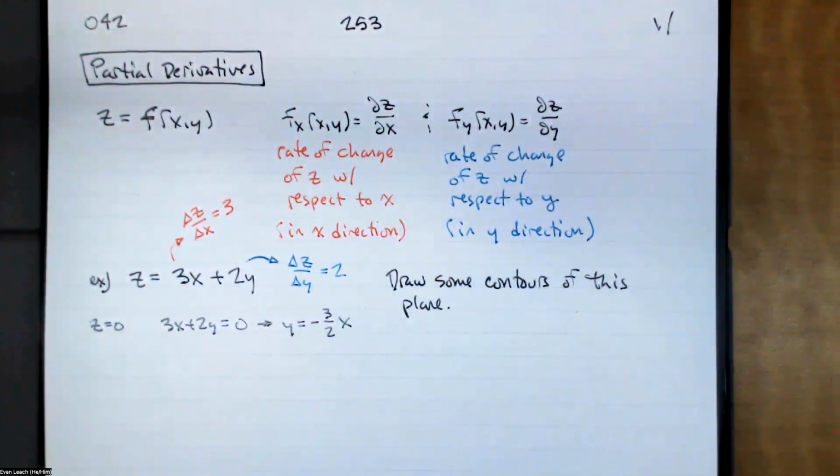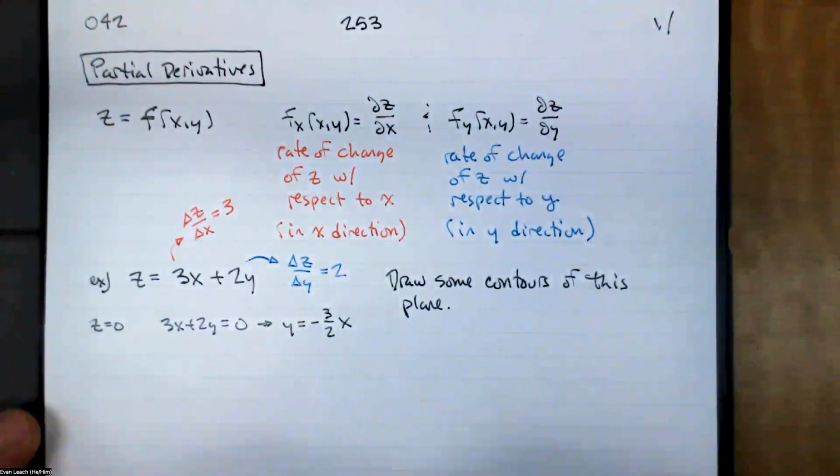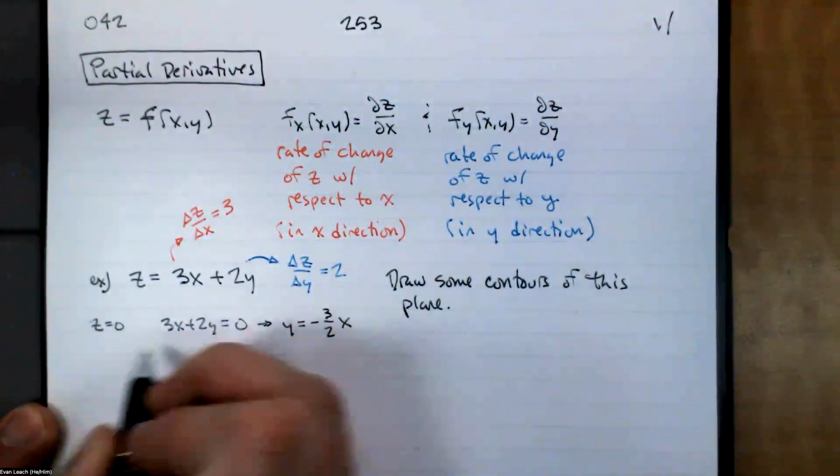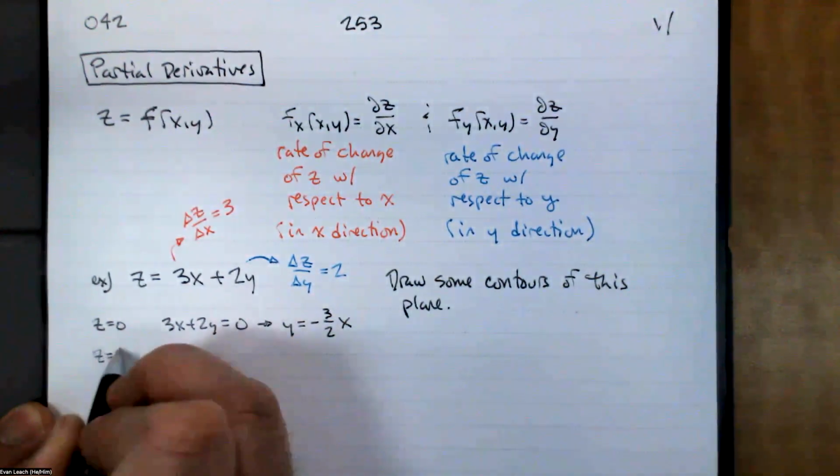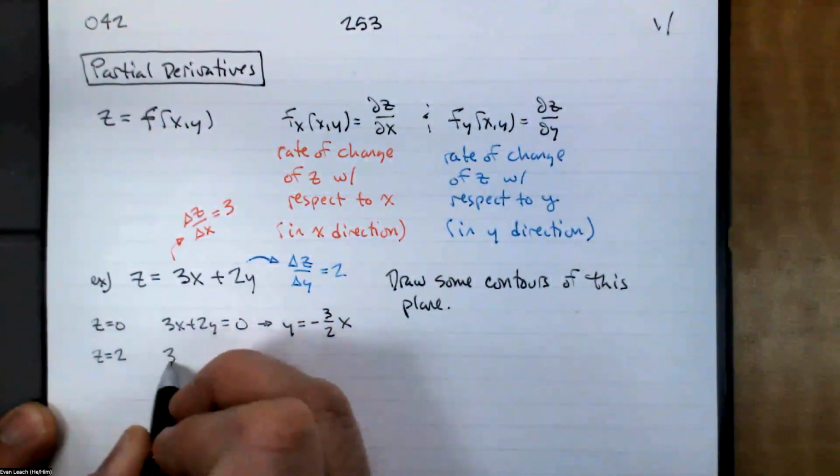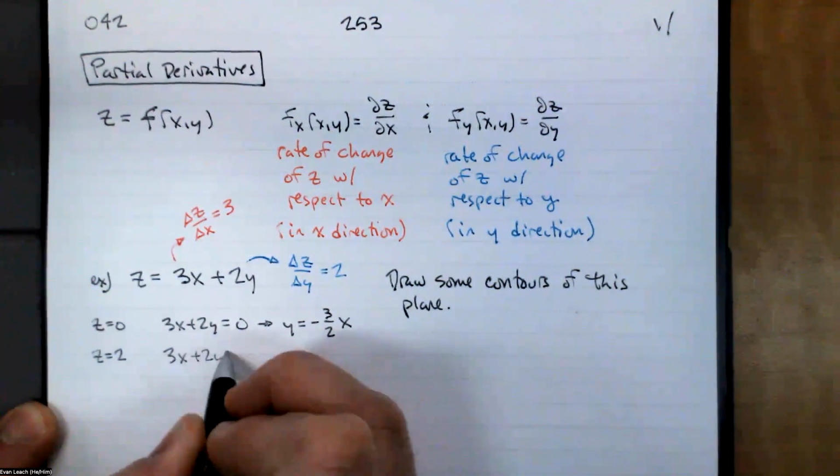Different values of z are just going to move these contours up and down. If z is equal to 2, I'm going to be dividing by 2, so I'm going to do even values of z. 3x plus 2y is equal to 2.